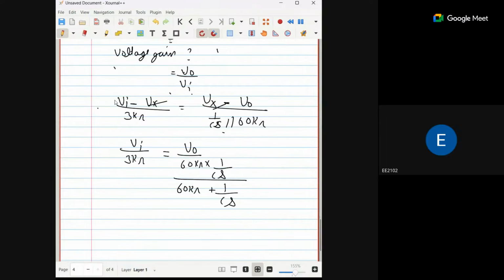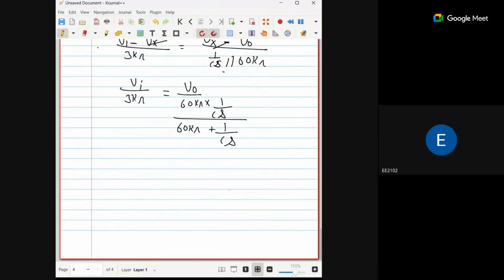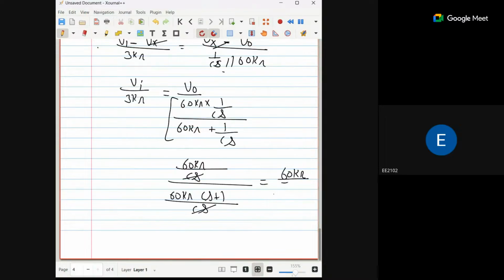Firstly we can solve this: 60 kilo ohm into 1 upon CS upon 60 kilo ohm CS plus 1 upon CS, so it will be 60 kilo ohm upon 60 kilo ohm CS plus 1.